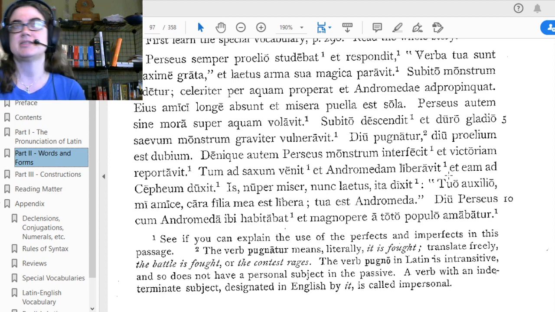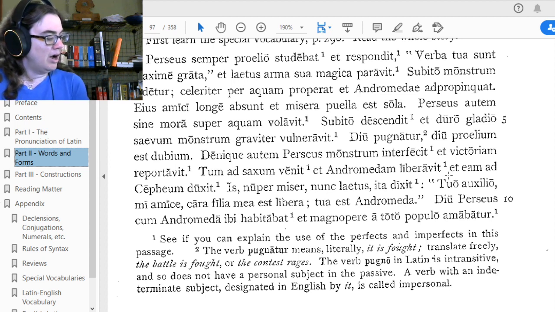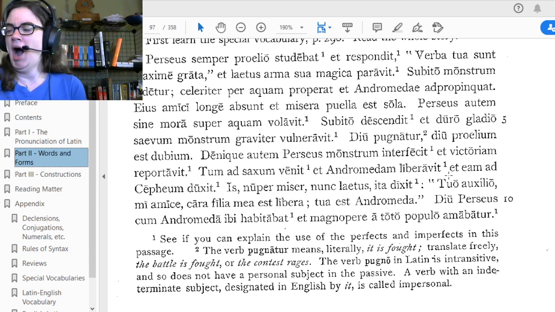Hooray, Perseus! So, a happily ever after. And Perseus, as one of the first heroes, things are less terrible for him. He does live happily ever after.